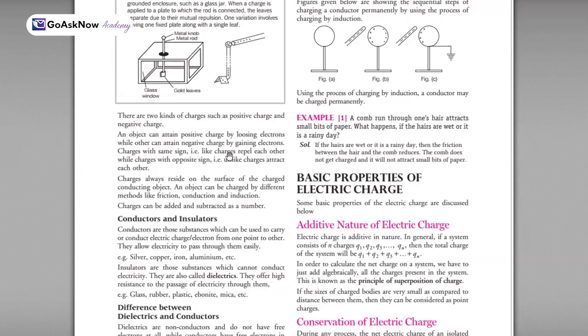You can see there, by losing electrons: if I have a particle and it has electrons inside it, and it loses some electrons, what kind of charge will it get? Some negative charge is missing from it, so it will get positive charge. So I can say that this object is positively charged.